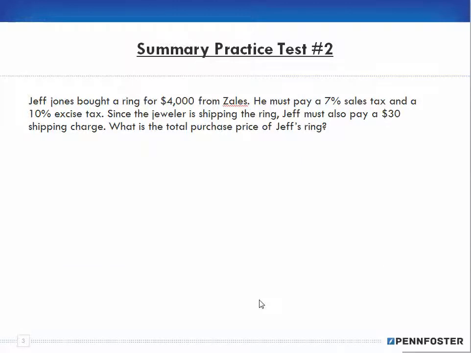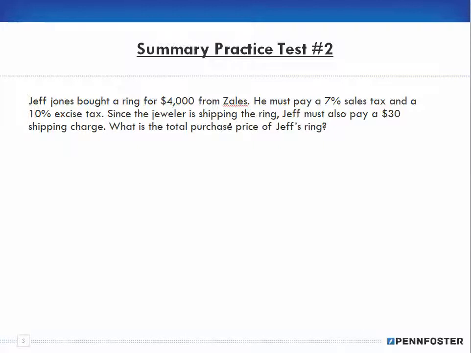Number two says Jeff Jones bought a ring for $4,000 from Zales. He must pay a 7% sales tax and a 10% excise tax. Since the jeweler is shipping the ring, he must also pay a $30 shipping charge.